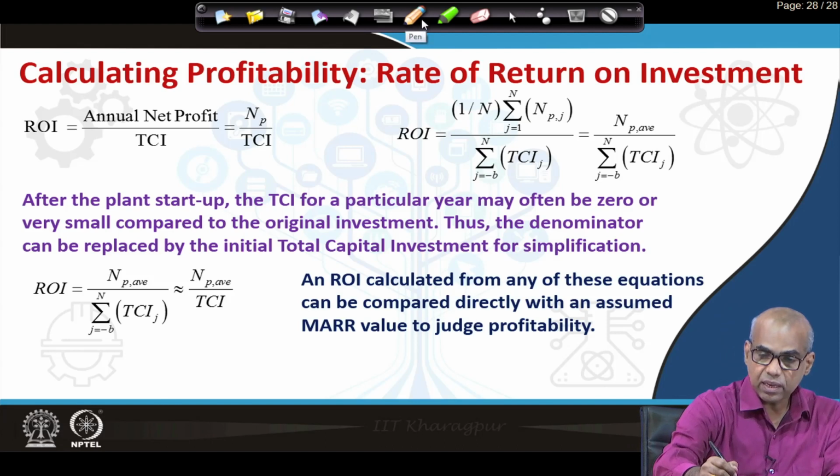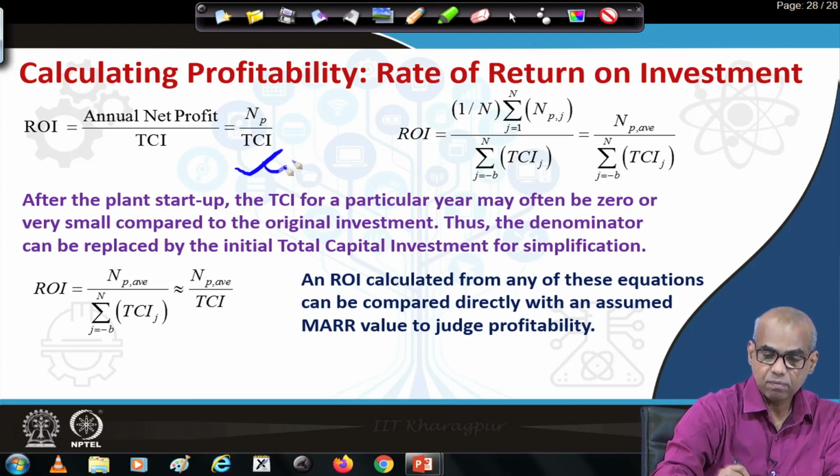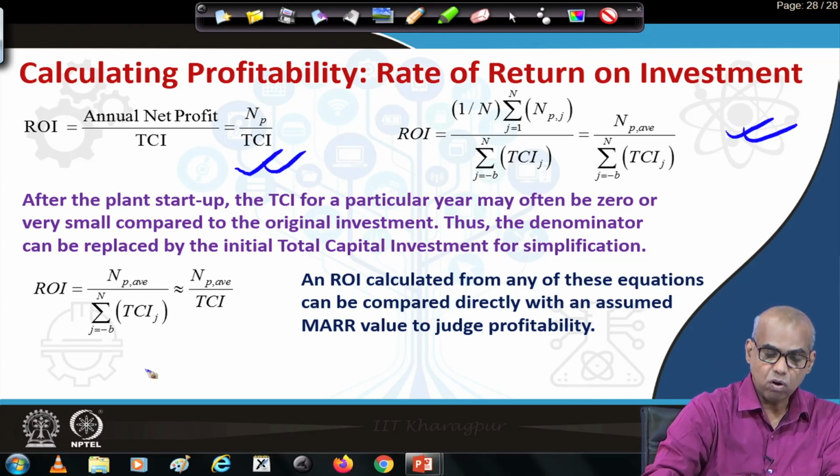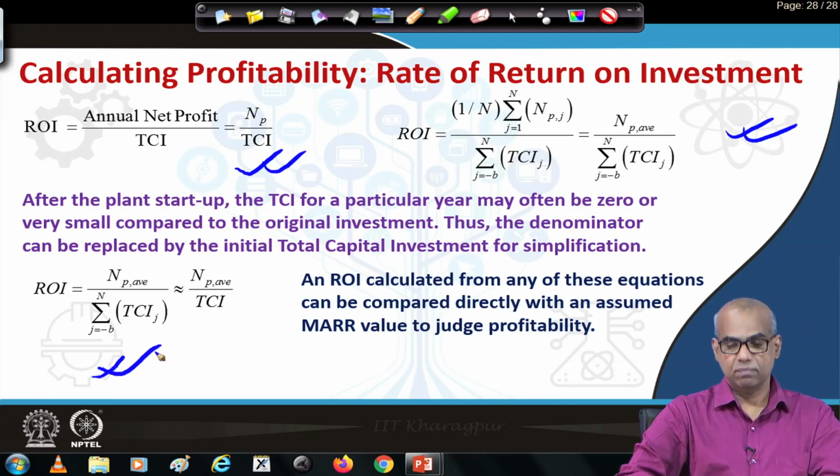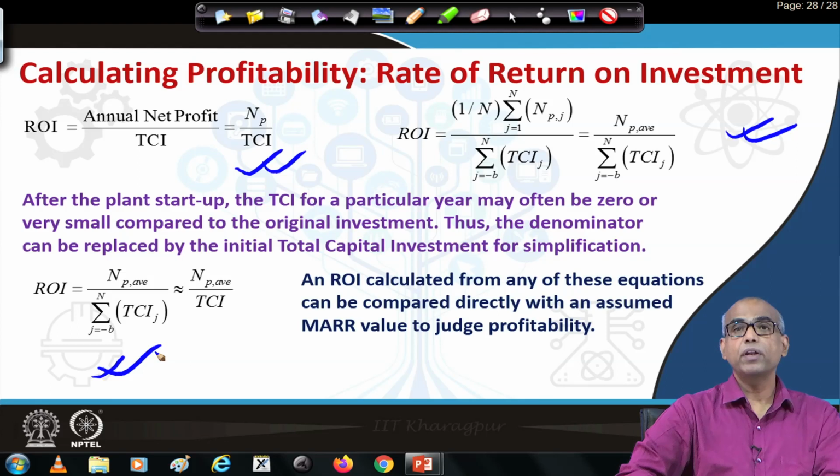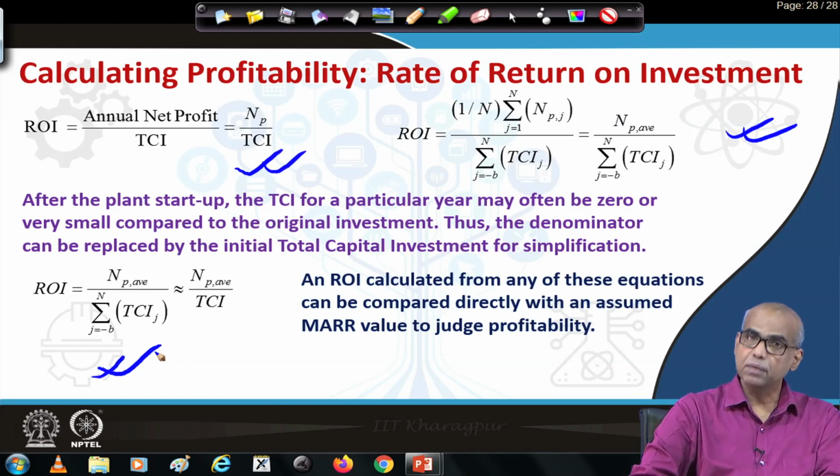So, what we see here is 3 different expressions for calculating rate of return on investment. Now, when you do the economic evaluation of a project, you first assume a minimum acceptable rate of return.